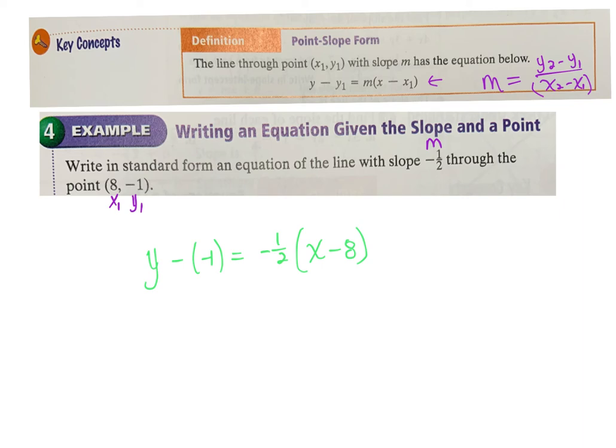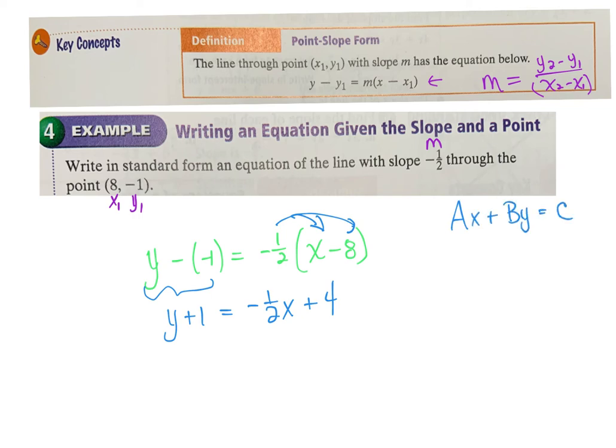All right, how do I get it now in standard form? What do I need to do? I simplify this side, which is what? Just y plus 1. What about on the right side? Distribute, right? So -1/2 x, +4. All right? Now, standard form. Standard form is ax plus by equals c.